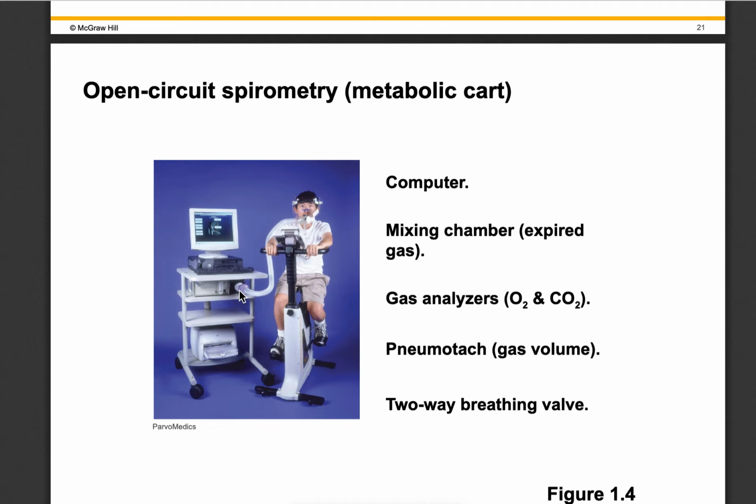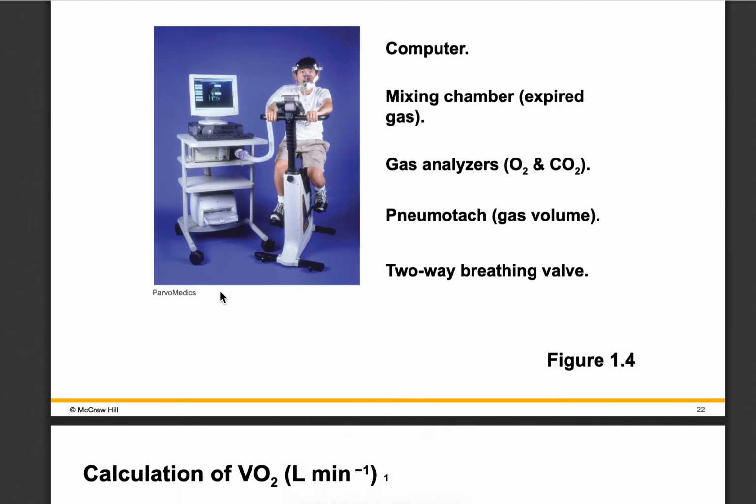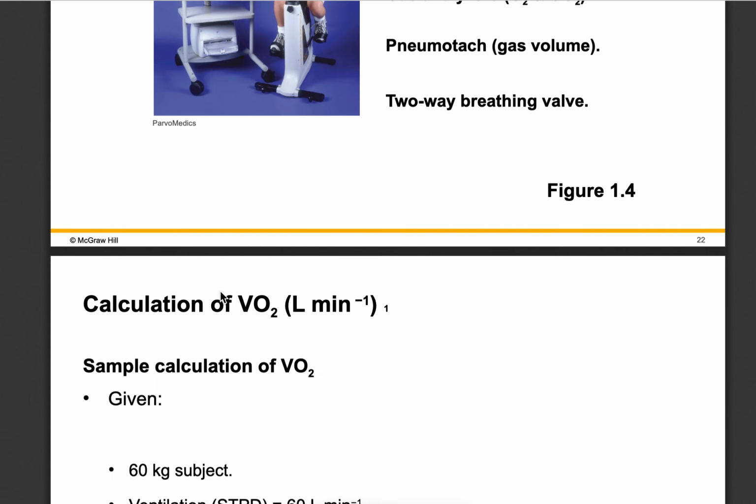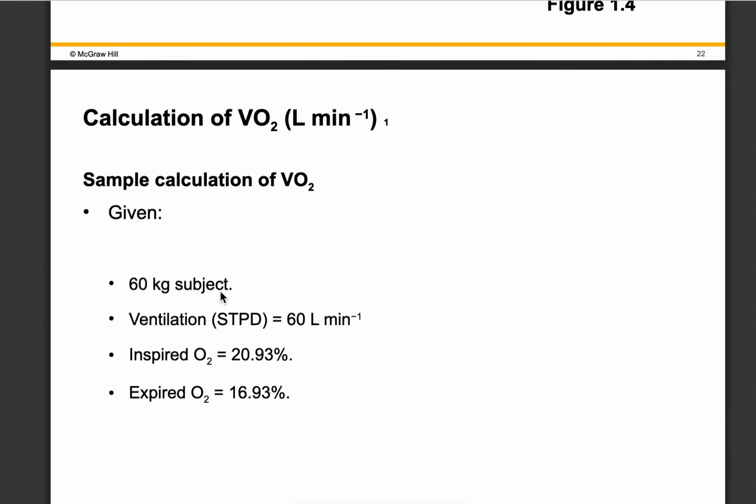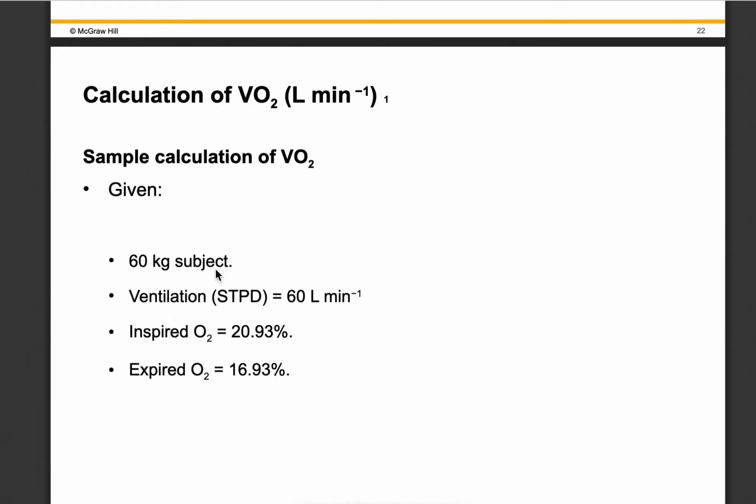So it's measuring how much air you're moving, and it's also analyzing that gas to see how much oxygen you actually utilized from it. And then all that goes into a computer, and it gets transferred into how many liters of oxygen you're consuming, which is really nice. And then you can start utilizing this information with someone's mass and their ventilation rates. The machine takes all this into account: ventilation, how much air you're moving per minute, the inspired O2 versus the expired O2.